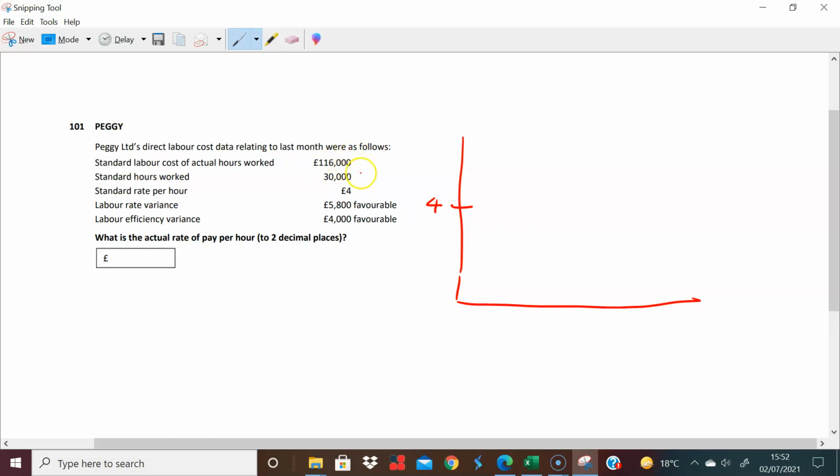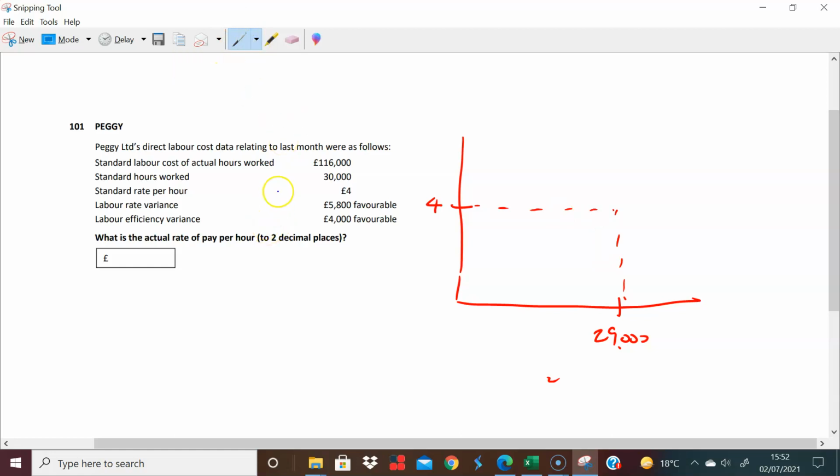So we can work out what the actual hours worked were by simply dividing the 116 by the 4, and that comes to 29,000. So you actually worked 29,000 hours. That's what actually happened. Now, the question, I'll just change my pen color, gives us a hint.